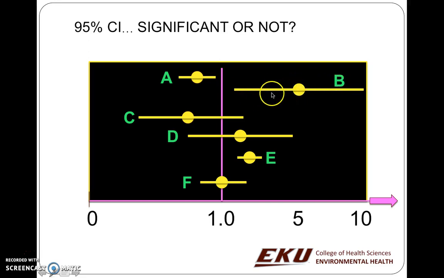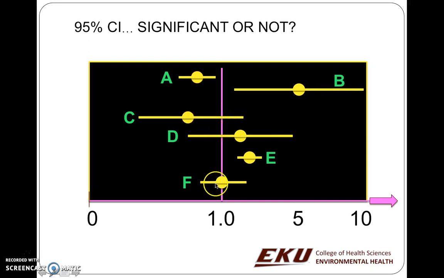Letter B, does it cross the range in any way? No, all of it is above the number 1. It is entirely harmful, so that is significant. What about C? C crosses 1.